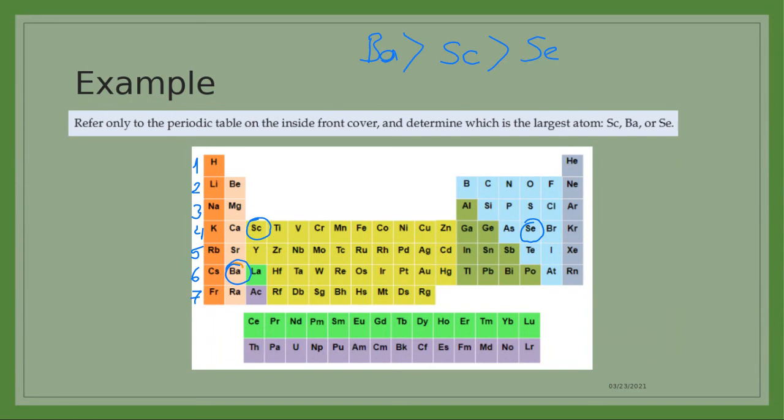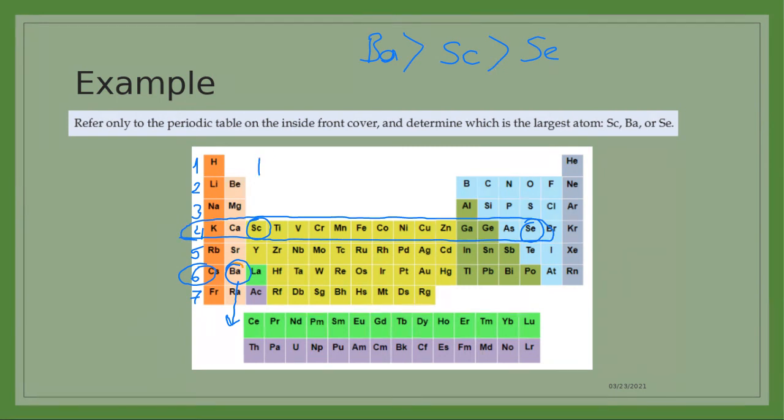You said like that because you know the rules. You can think that the barium atom is in the sixth period and has lots of shells compared to scandium and cerium. And then the fourth period, same period, they have scandium and cerium.